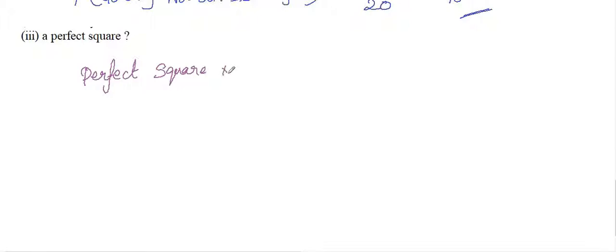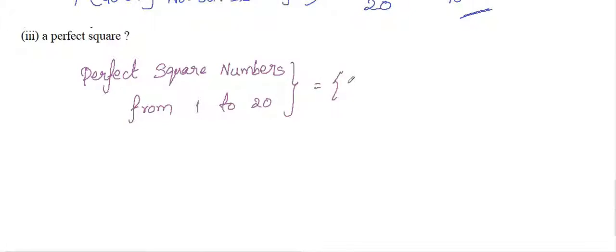So the perfect square numbers are 1 square is 1, 2 square is 4, 3 square is 9. So we can write those numbers as 1, 4, 9, 16.